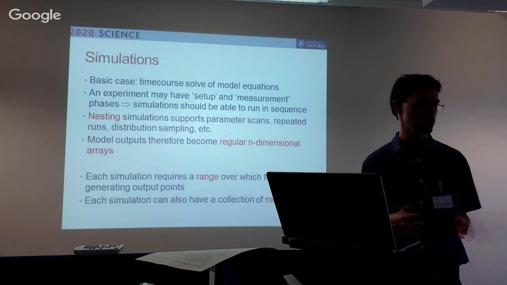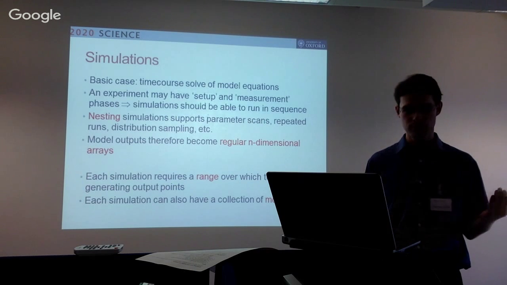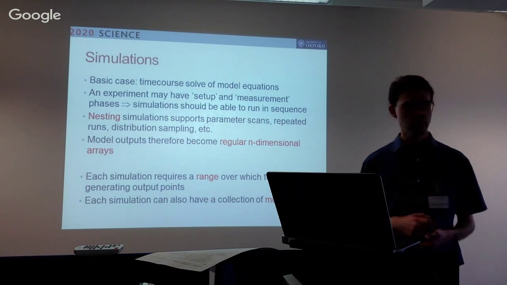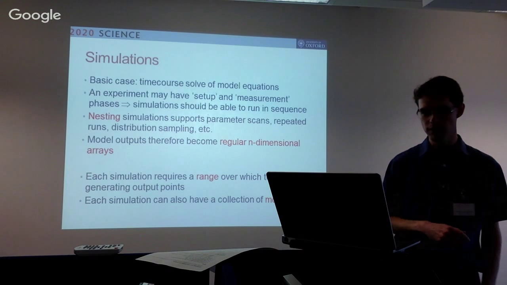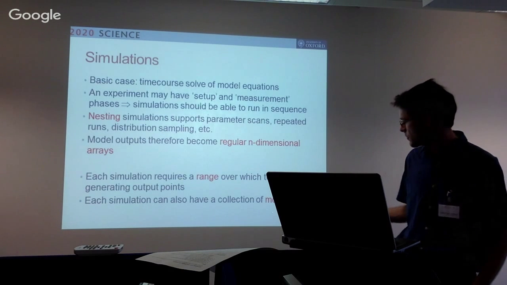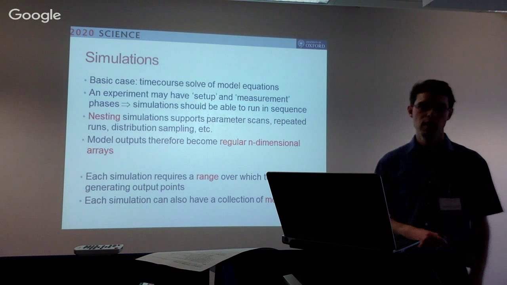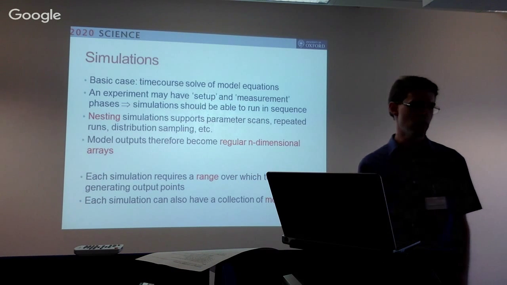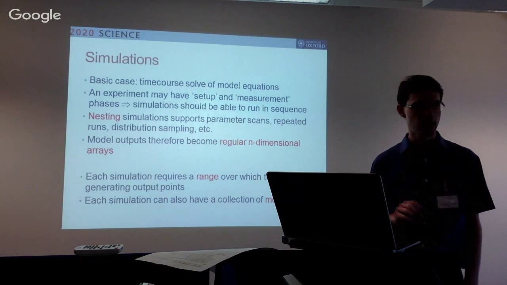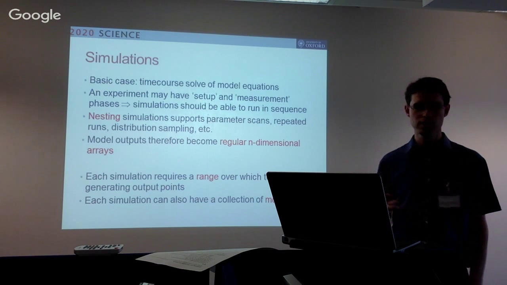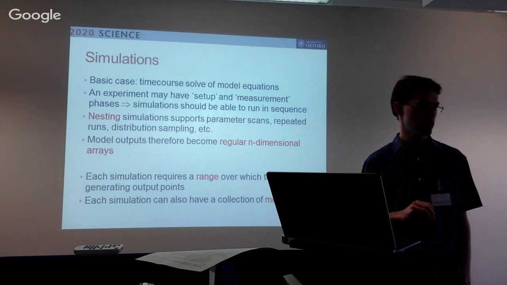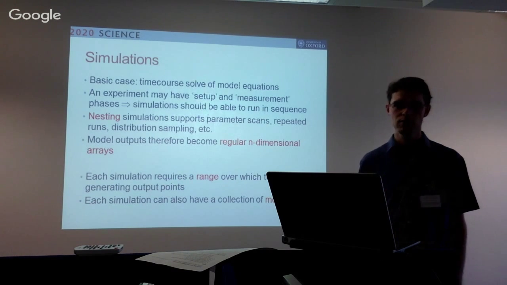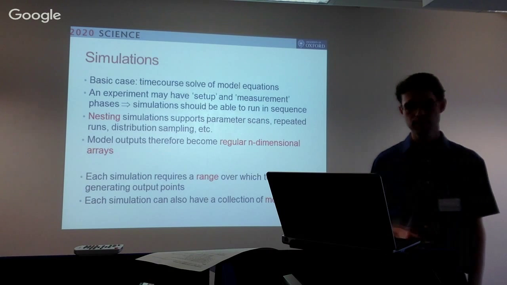So in a time course, what time values? In a nested loop, what arbitrary values are we iterating over? And there are different kinds of range that you can give. And you can also specify a collection of modifiers which let you change or record the state of the model. So you can either change a particular variable at each iteration of the loop, you can save the entire state of the model, or you can reset to a previously saved state.